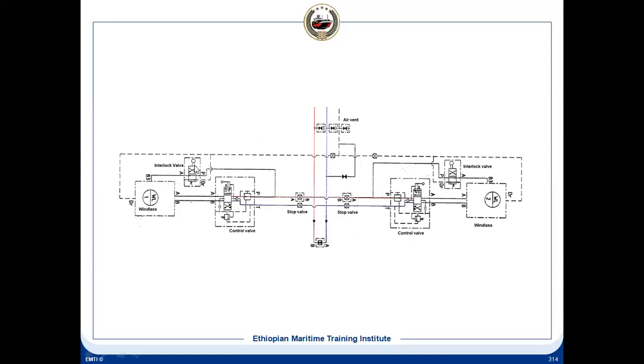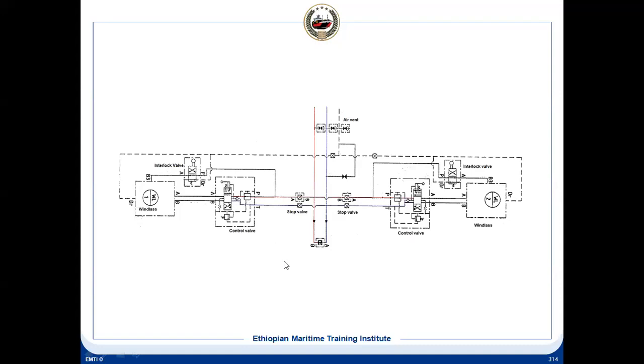It means if by mistake you don't engage the clutch, then what will happen? The brake will not be released. You can operate this, still the windlass will not move, because the relief valve will lift and it will connect to the return line. So this interlock is provided for safety.